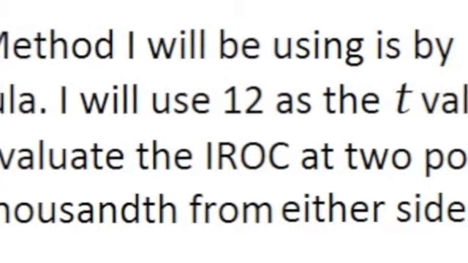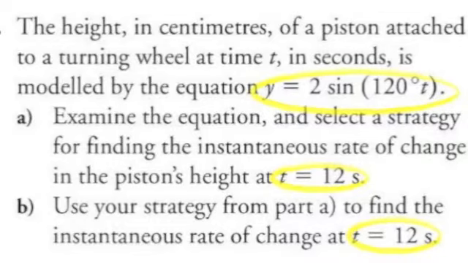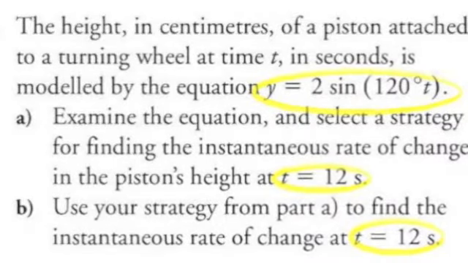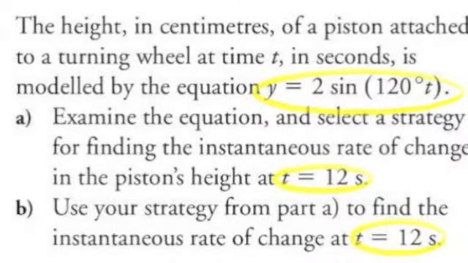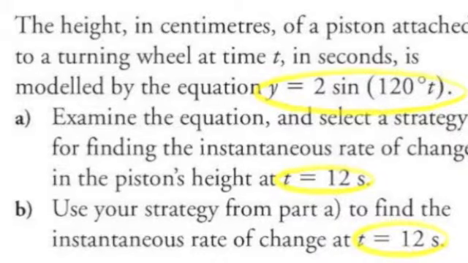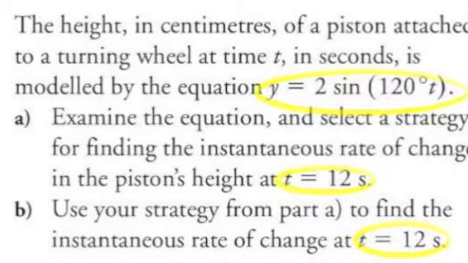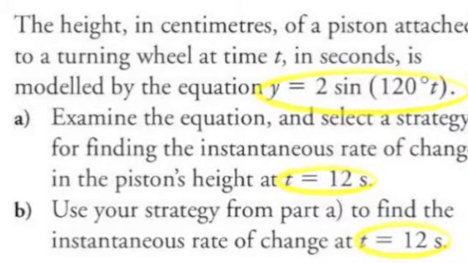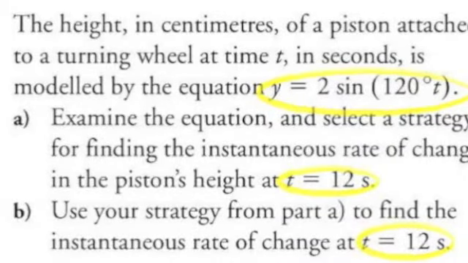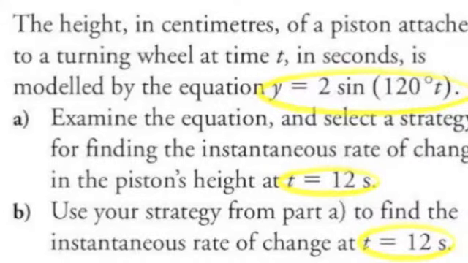We will now be starting B. B reads, use your strategy from part A to find the instantaneous rate of change at t equals 12 seconds. To do this, we will carry out our steps from part A that we had previously discussed. First, we'll be finding the time at 12 plus 1,000th.